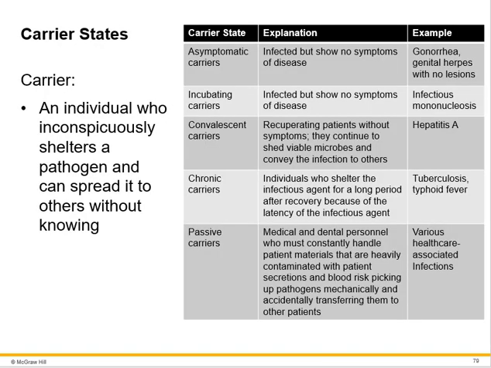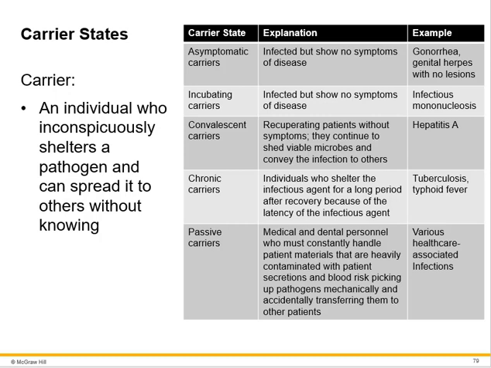A carrier, again, is an individual who is inconspicuously sheltering a pathogen and can spread it to others without knowing that they have it. So they could be asymptomatic, they could be incubating. The asymptomatic are not showing symptoms. They may never show symptoms, like some sexually transmitted infections are that way.